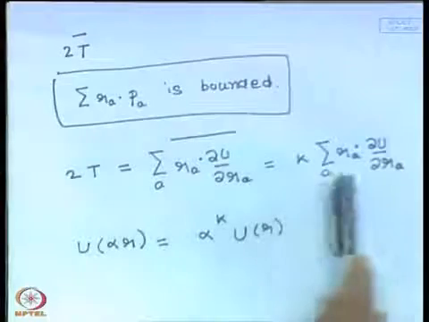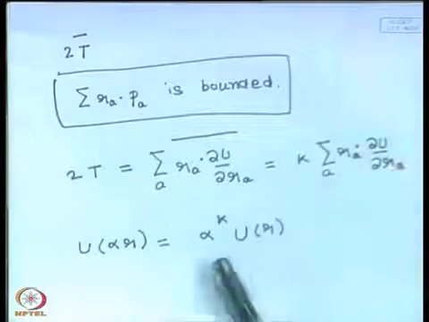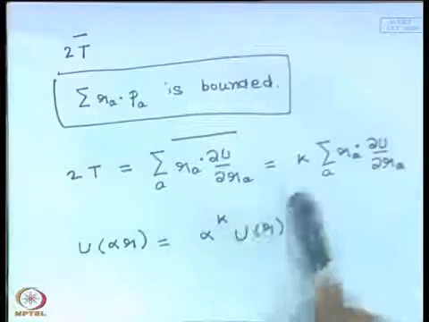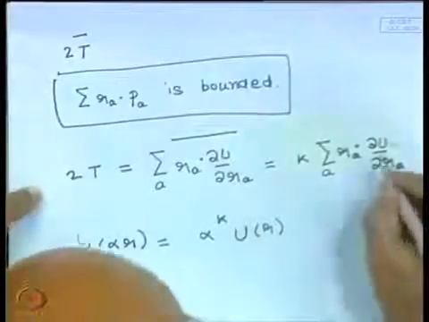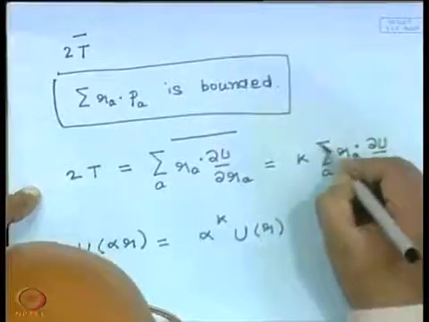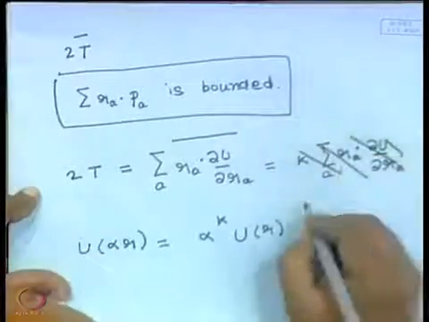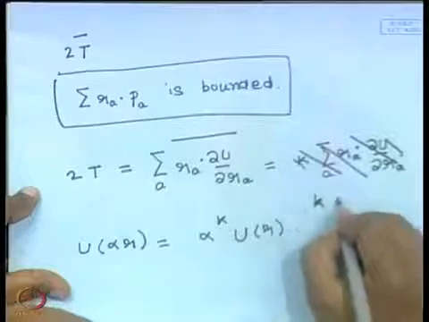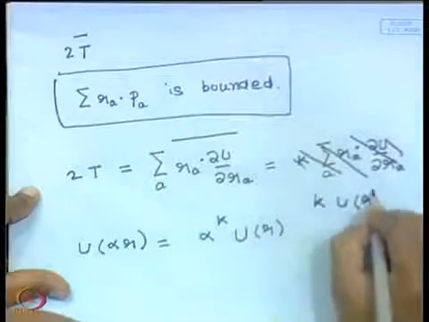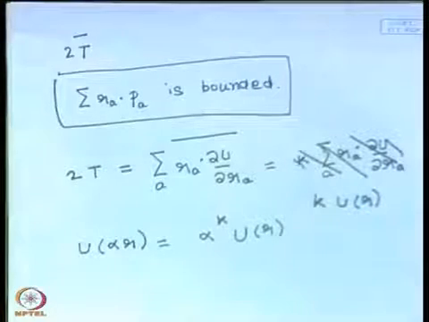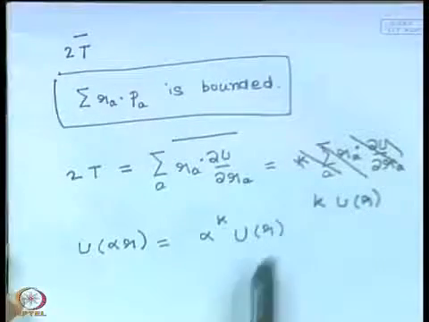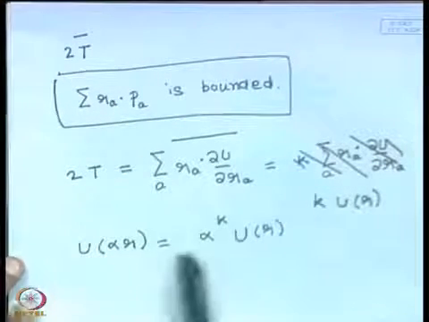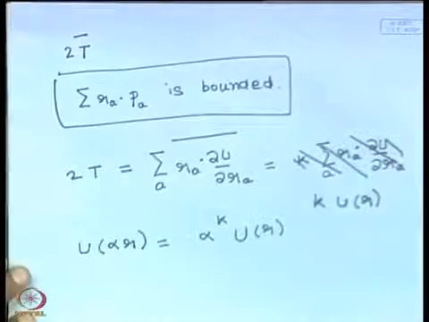So this derivative is just going to be, oh sorry, what have I written, this is going to be just k times U(r). Okay. This is just going to be k times U(r). You can check this very easily, just take a power law.